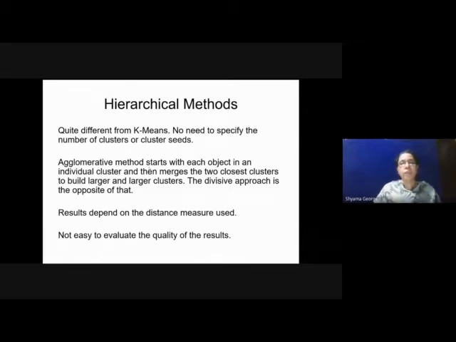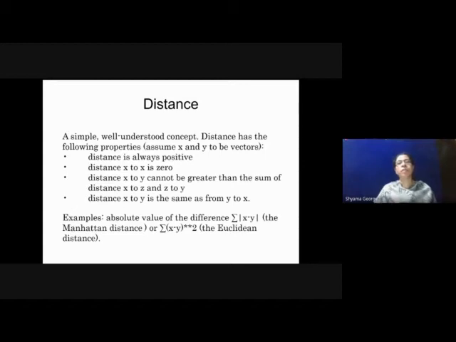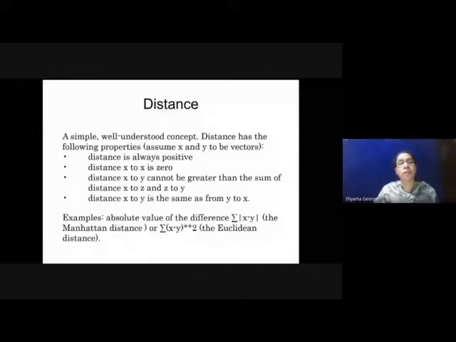So in all these cases, the results depend on the distance measures used. In hierarchical clustering, we use distance measures to find the distance between objects as well as the distance between clusters.